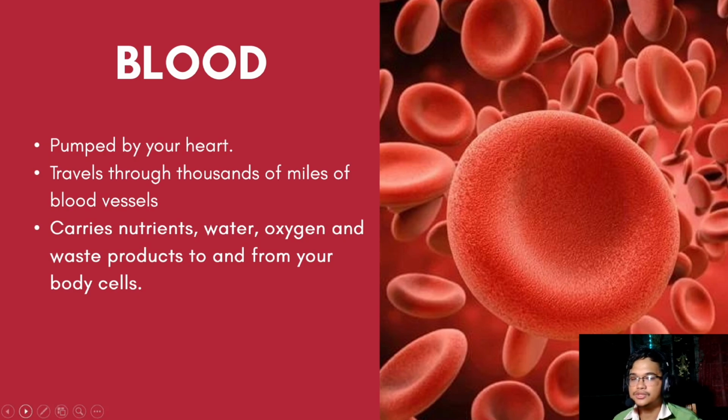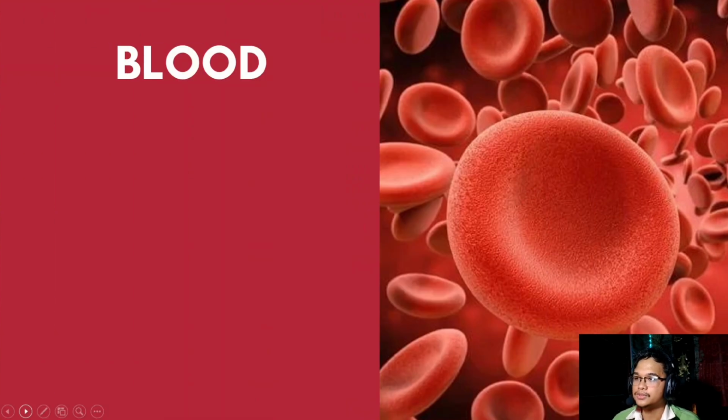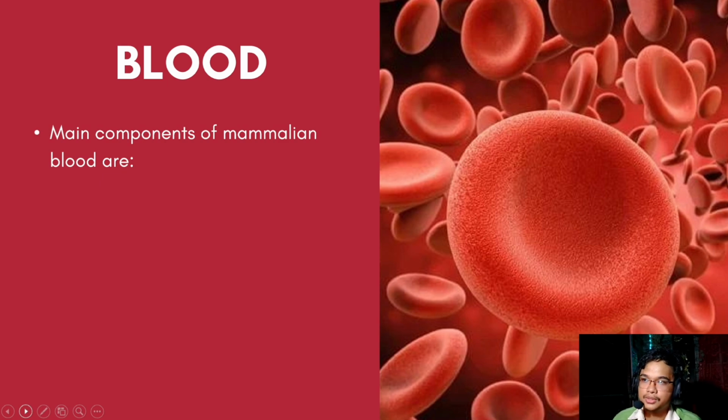So it's the main supplier for all of our body systems. It's made up of liquids, solids, and small amounts of oxygen and carbon dioxide, which we'll get into in a bit. Here are the main components of mammalian blood. We'll only focus on mammalian blood, and later we'll be focusing on mammalian circulatory patterns.